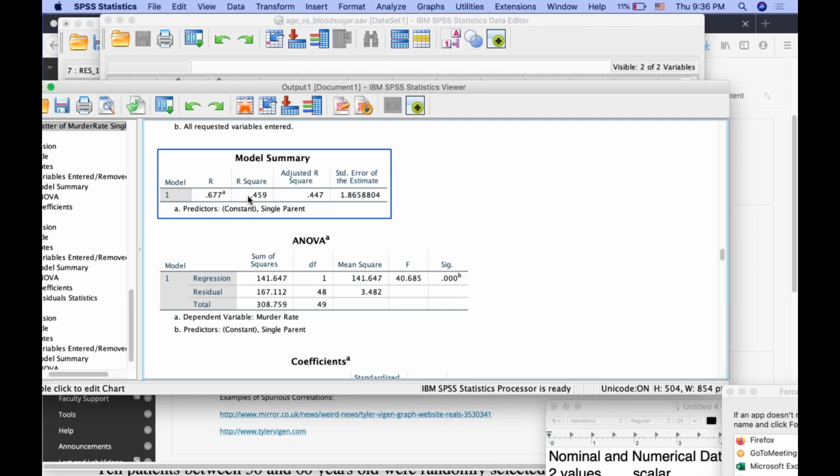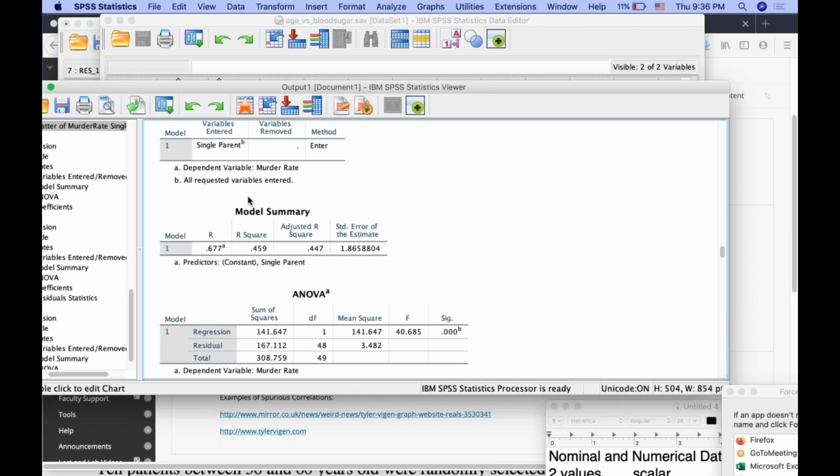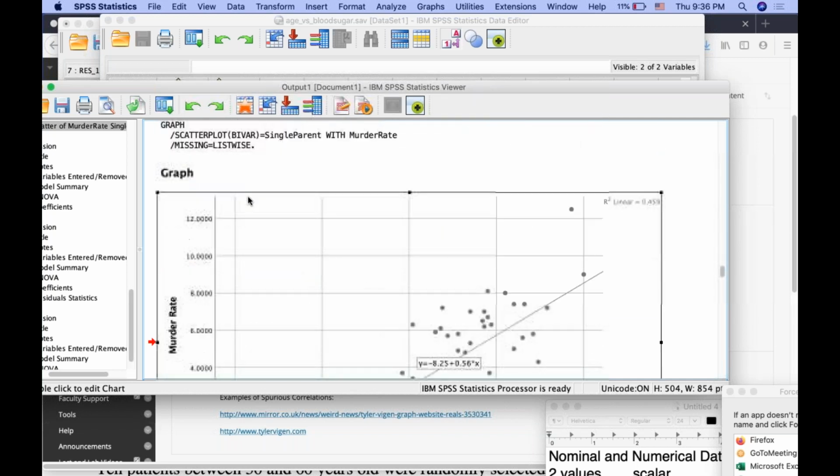This is basically telling us that half of the variability we see in the murder rate can be accounted for by the rate of single parent households. That's a lot. That's pretty significant, right?